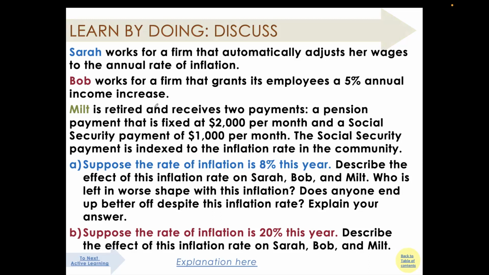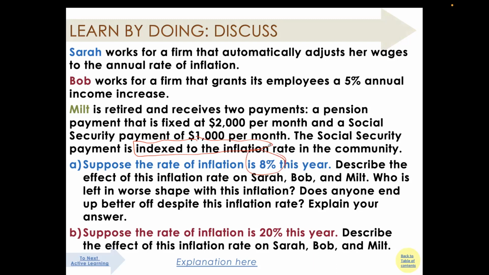The other, Social Security, is $1,000. But there's important information: the Social Security payment is indexed to inflation. What does inflation index mean? It means it's going to automatically adjust with inflation. All right.